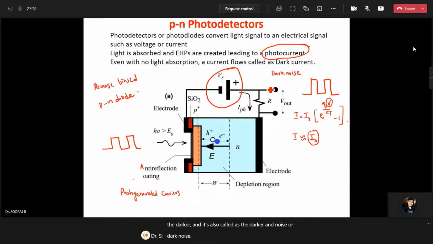It's actually an unwanted phenomenon. So if you want to minimize dark noise, you'll have to design a diode which has very good IV characteristics. That means the diode should have an extremely small reverse saturation current.